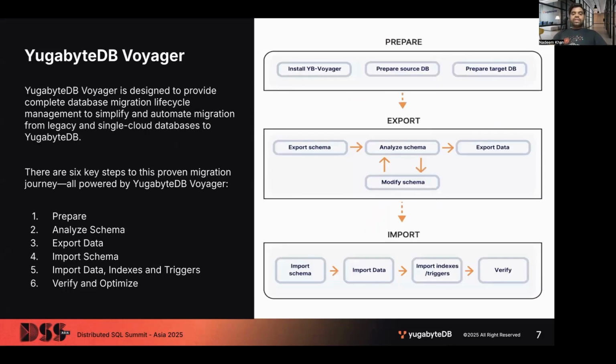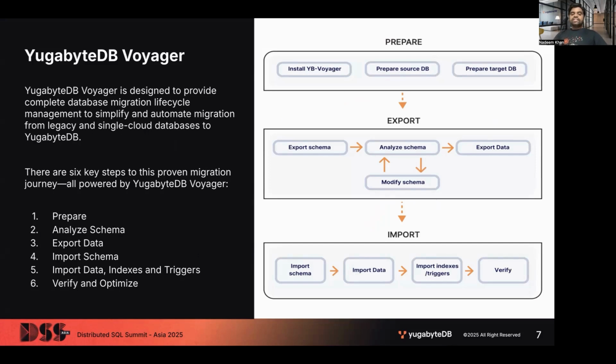Like I mentioned, YugabyteDB Voyager provides end-to-end migration solutions, so it is well designed to provide complete database migration lifecycle management, where it simplifies and automates most of the areas, and leveraging that you can perform migration from your legacy database or cloud database to YugabyteDB.